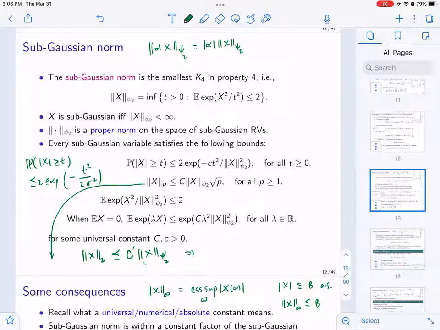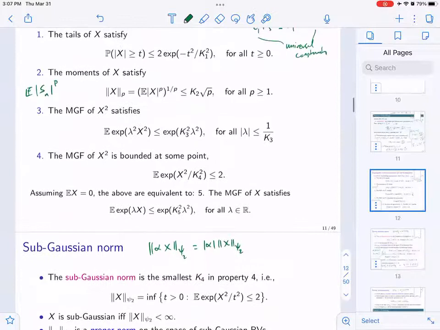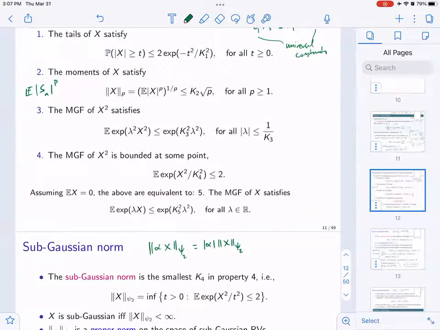So the psi 2 class is a subset of the L2 class. So subgaussian variables are in L2, but you already know that. So part of this result is that because this is a finite constant, all these moments are finite. Okay, so that's part of the point that was mentioned.